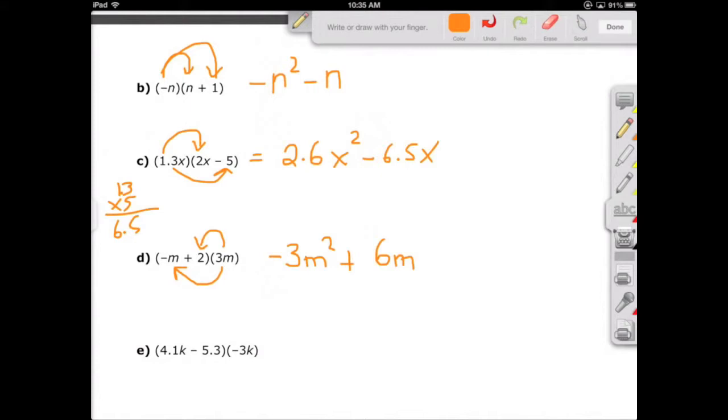You'd better keep the coefficient positive or negative. Now, normally you wouldn't do it this way, but this is the same as 6m, which is positive, understood, minus 3m squared. As long as we have the signs correct, we can rearrange the values in the expression, but you've got to keep the signs correct.